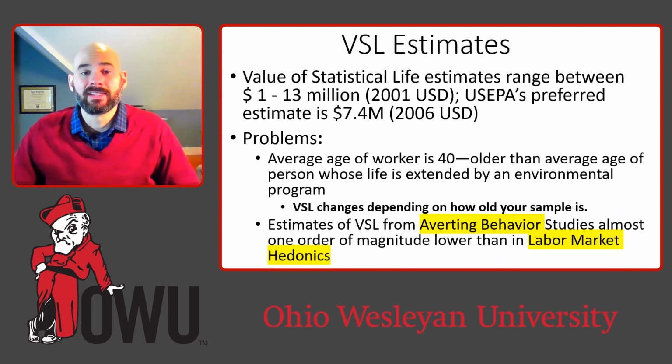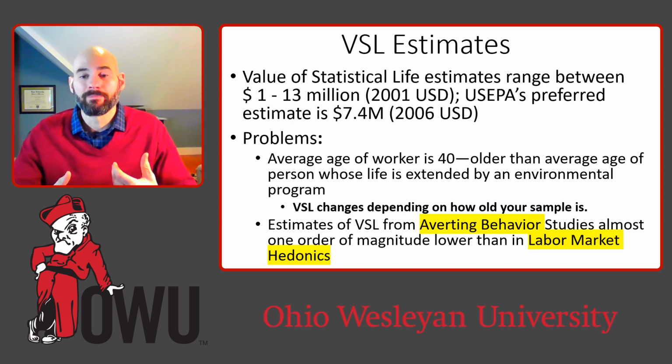So the question then is, what are the standard measures for value of statistical life? What are the standard values that economists use? The most commonly used range for value of statistical life estimates is somewhere between $1 and $13 million in 2001 US dollars. So in today's currency, this would be more.